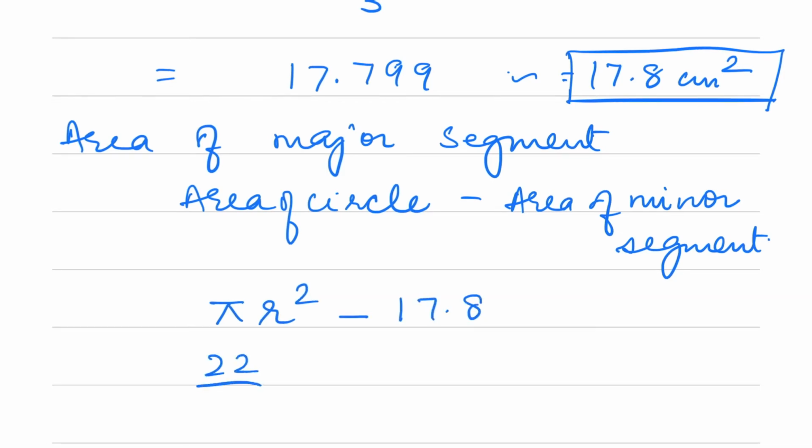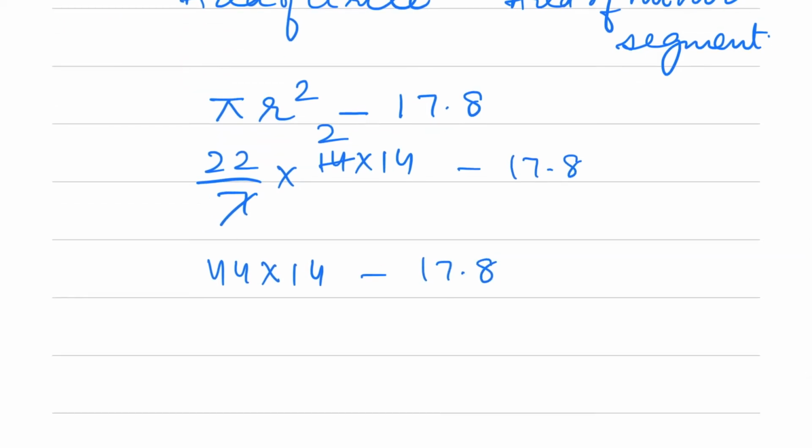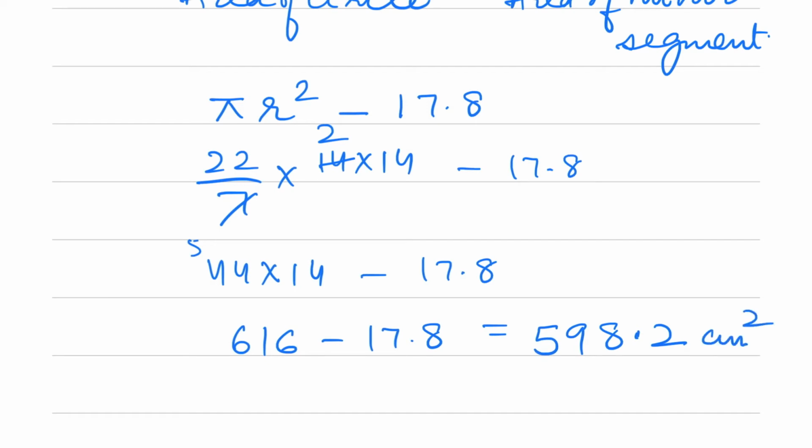So we have 22 by 7 into radius is 14 into 14, this twice, so 44 into 14 minus 17.8. 14 4 56 4 56 and 5 is 616 minus 17.8. So we get roughly 598.2, 95 centimeter square.